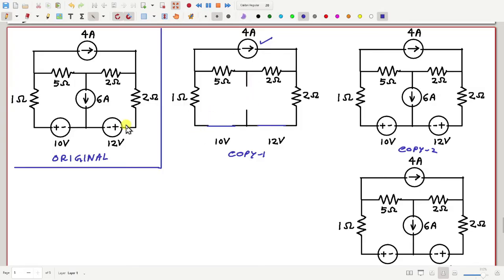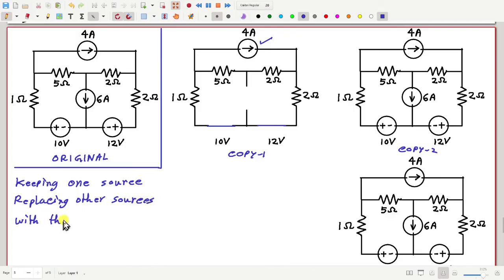So what I am doing is keeping one source and replacing other sources with their internal resistance.